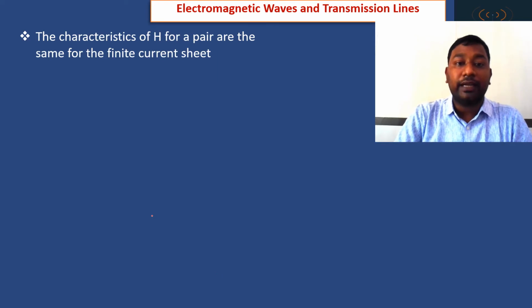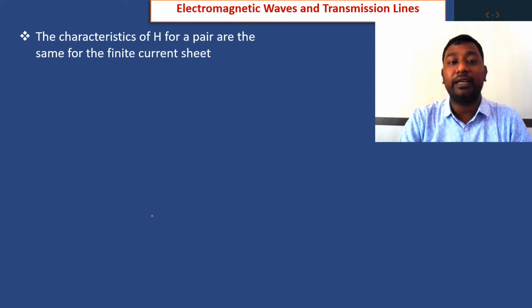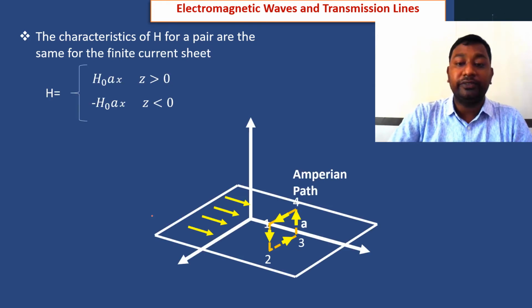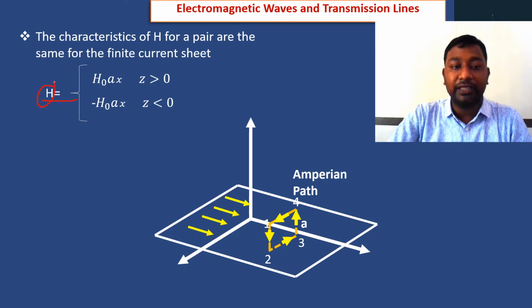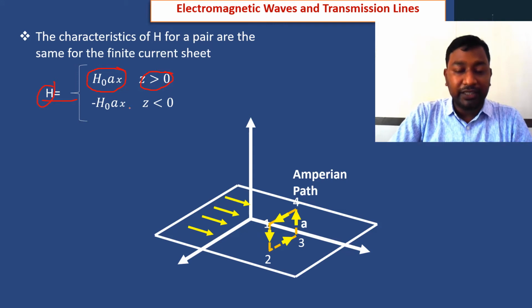Now the characteristics of H for a finite current sheet are the same. So this is the characteristic of H. The magnetic field intensity due to this sheet, for z greater than 0, has value H0 into Ax. Below the surface it becomes minus H0 into Ax.